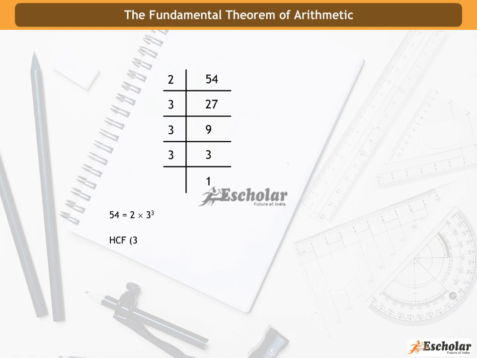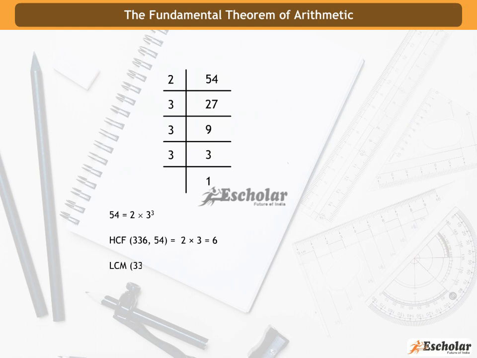As the HCF of 336 and 54 is equal to product of minimum powers of each common prime factor, so the HCF of 336 and 54 is equal to 2 into 3 or 6.